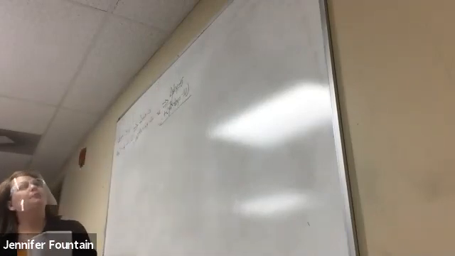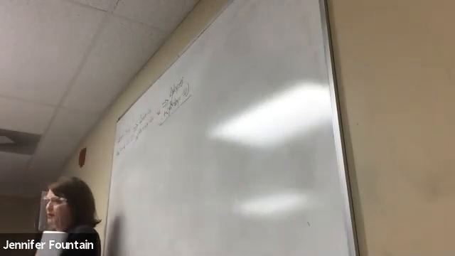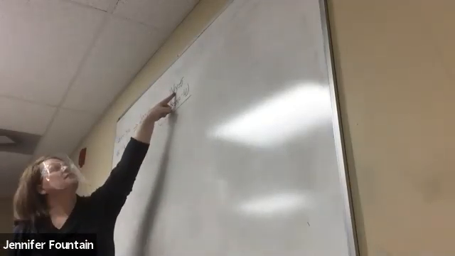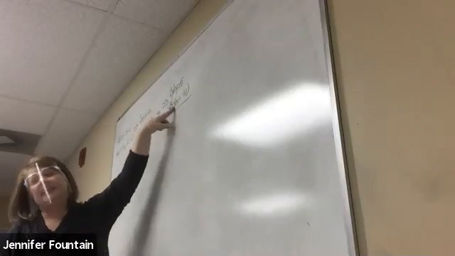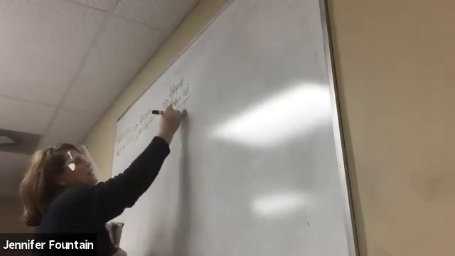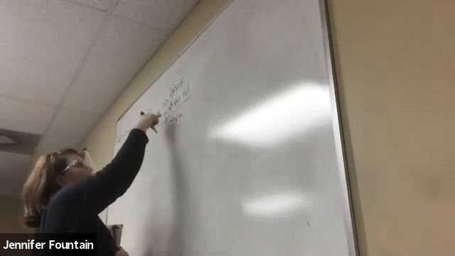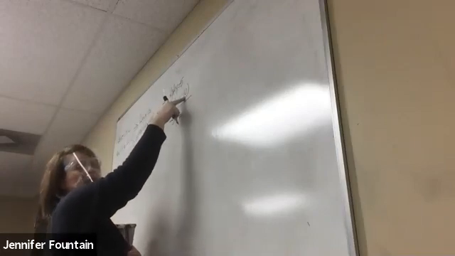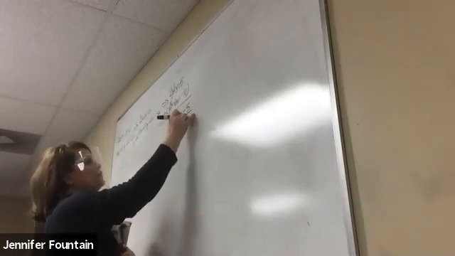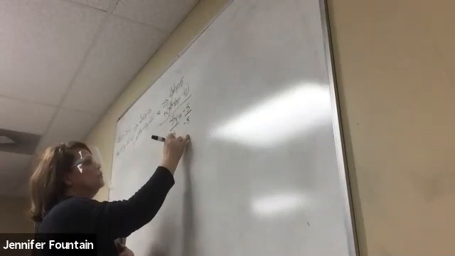Now I have y plus a negative 6y. What is my understood number in front of this y? 1. So this is like saying 1 plus a negative 6 is negative 5y equals 5 plus a negative 10. Negative 5. Divide by negative 5, and y equals 1.